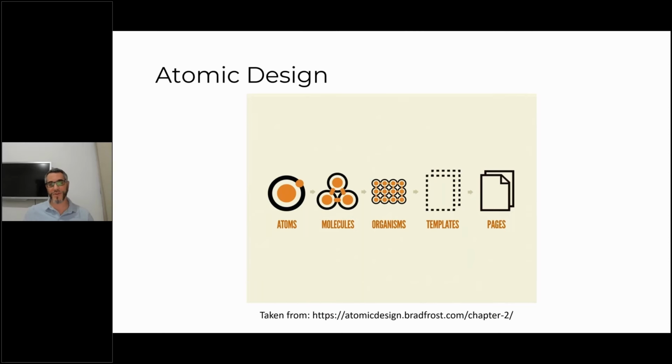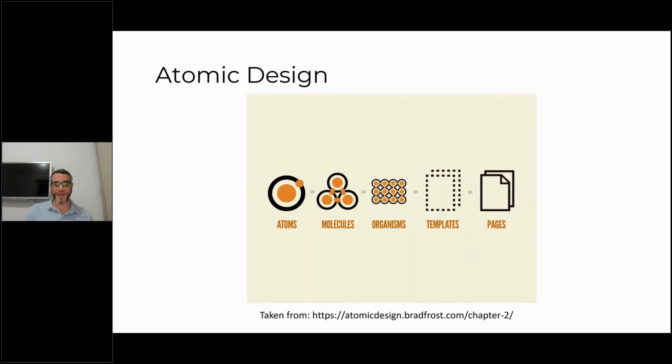If you haven't heard about atomic design, it's a book which is online and you can go to it. It's free online. It was written by Brad Frost, and it has a lot of principles on how to create design systems using atomic design. What is atomic design?